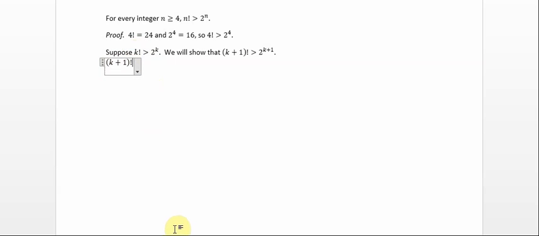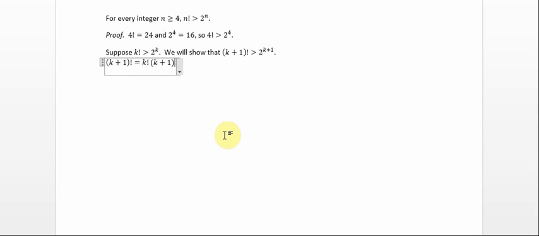But sort of like in the summation problem, the first example we did, this is kind of hidden inside that, right? K plus 1 factorial is all the numbers from 1 to k plus 1 multiplied up. Well, that includes all the numbers from 1 to k, just includes one more number, k plus 1. So I could write that this is k factorial, but then times k plus 1, right?